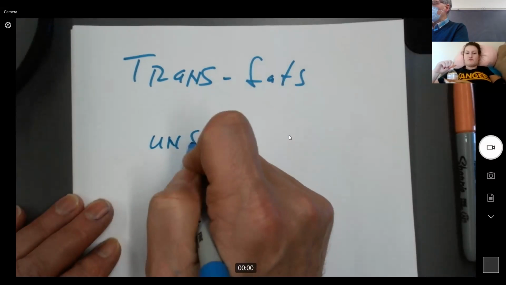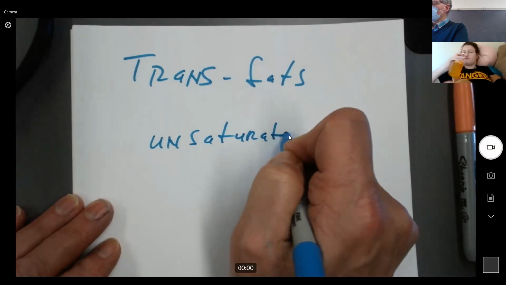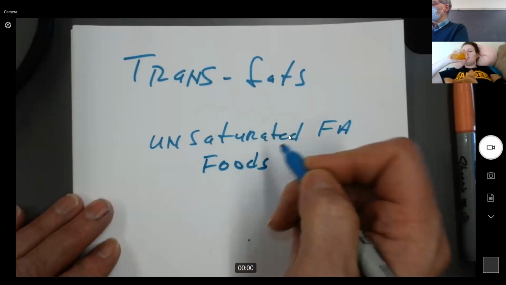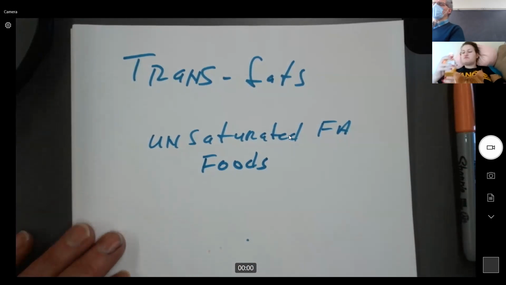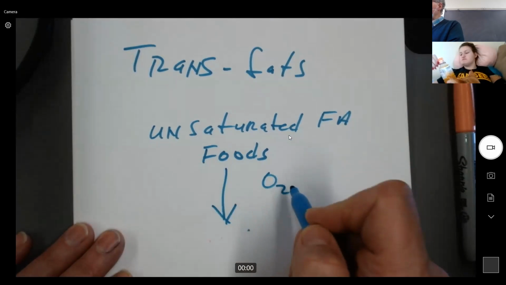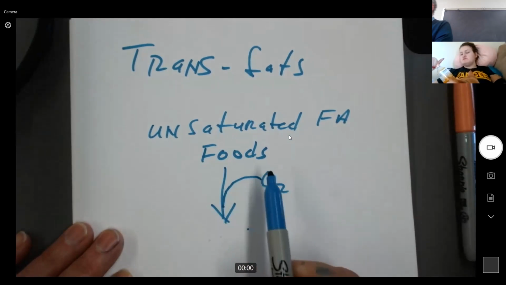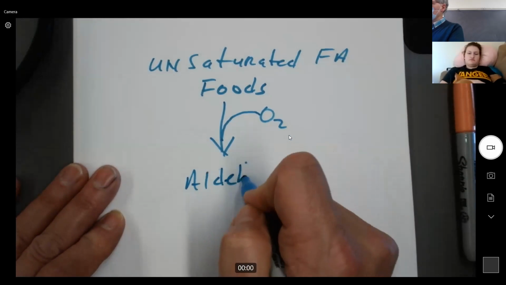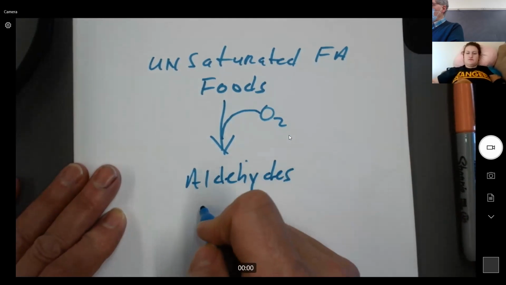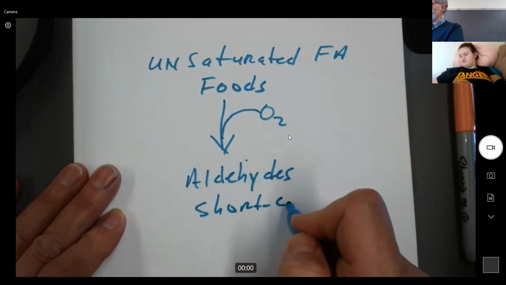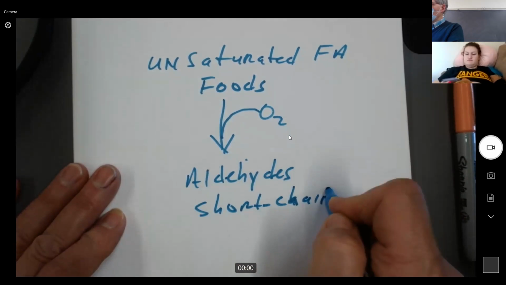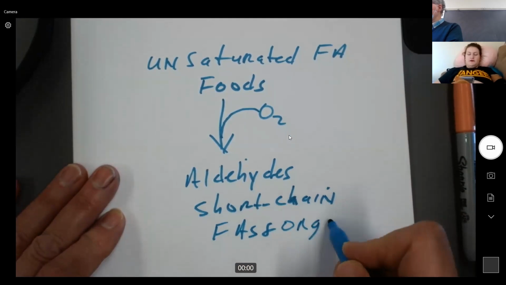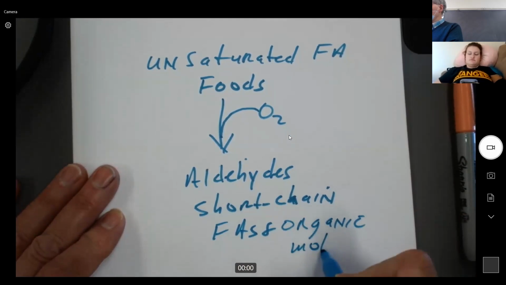You have unsaturated fatty acids that are in foods. Now, if this food is meant to be stored, this is subject to oxidation, because the oxygen adds across the double bonds, and then you get aldehydes, and then short chain fatty acids and other organic molecules.